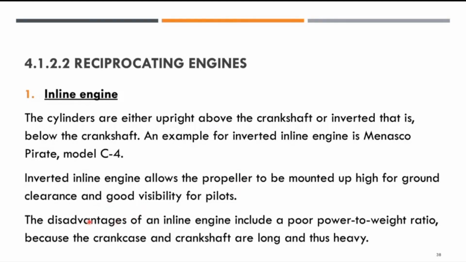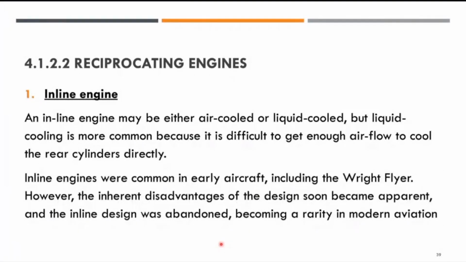However, there are disadvantages of the inline engine, which include poor power to weight ratio because the crankshaft and crankcase are long. Of course, it will be very heavy for this type of aircraft. An inline engine may be either air-cooled or liquid-cooled, but liquid-cooled is more common because it is difficult to get enough airflow to cool the rear cylinders directly.